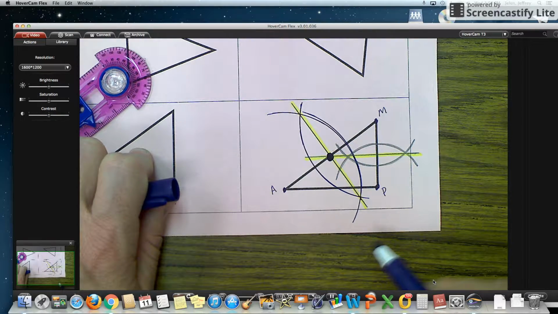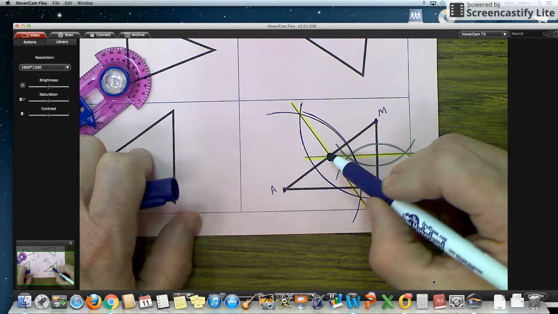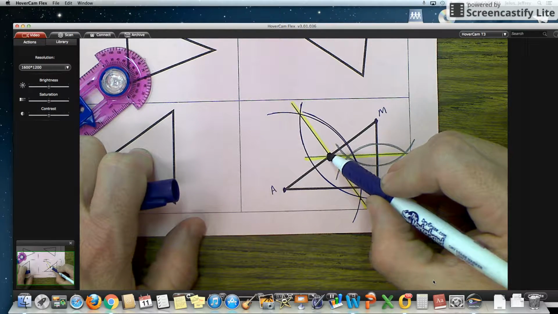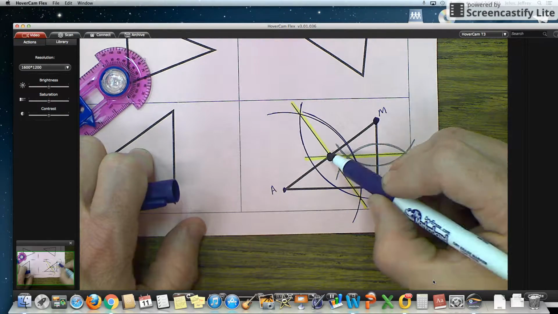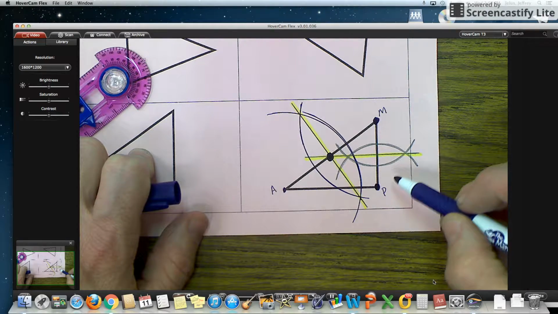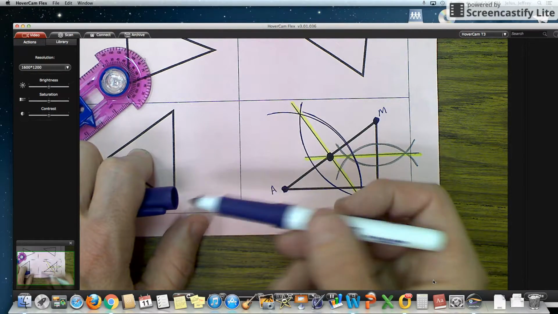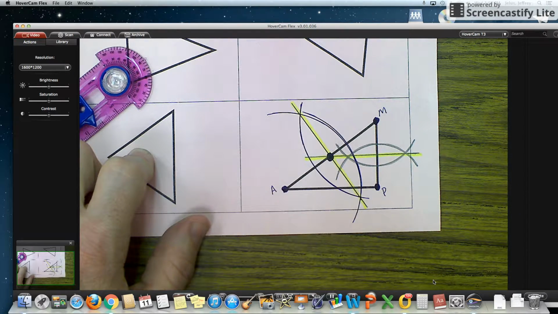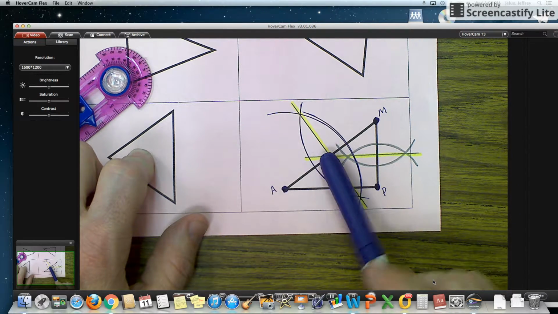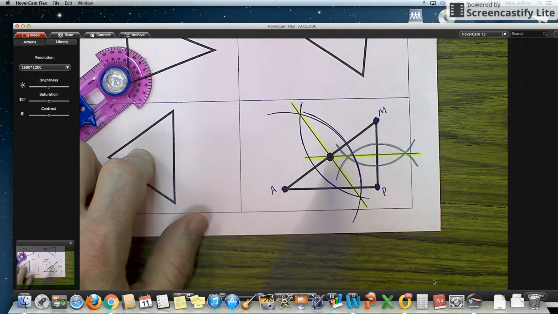So that's where my circumcenter is on a right triangle. This circumcenter is the same distance from M, it's the same distance from P, and it's the same distance from A. And that's how it's a circumcenter, because it is the best location for all three people to meet.